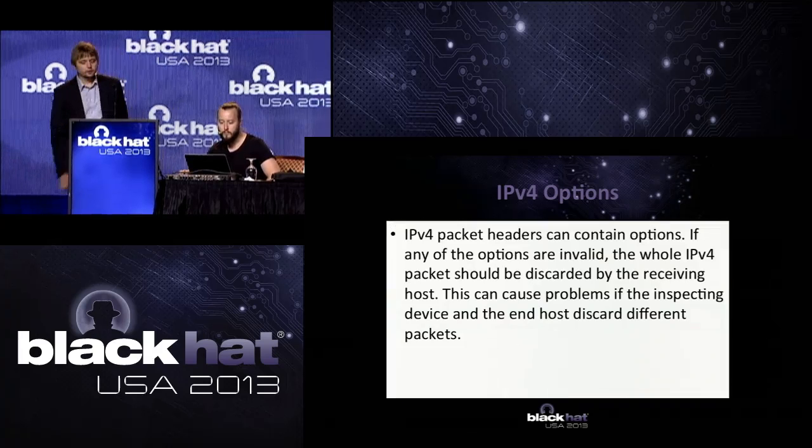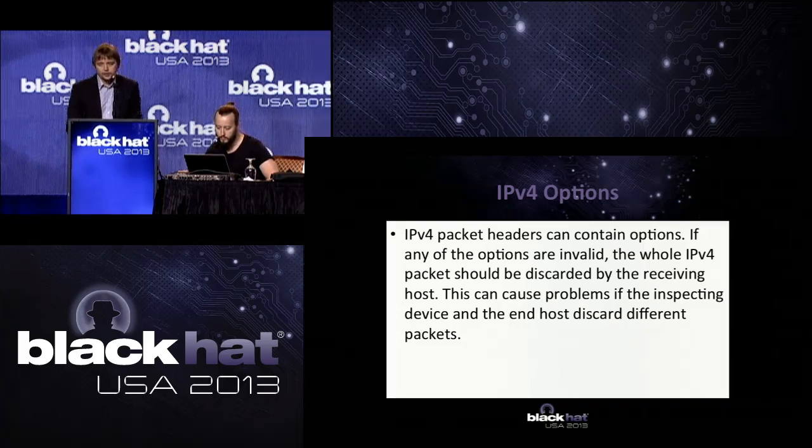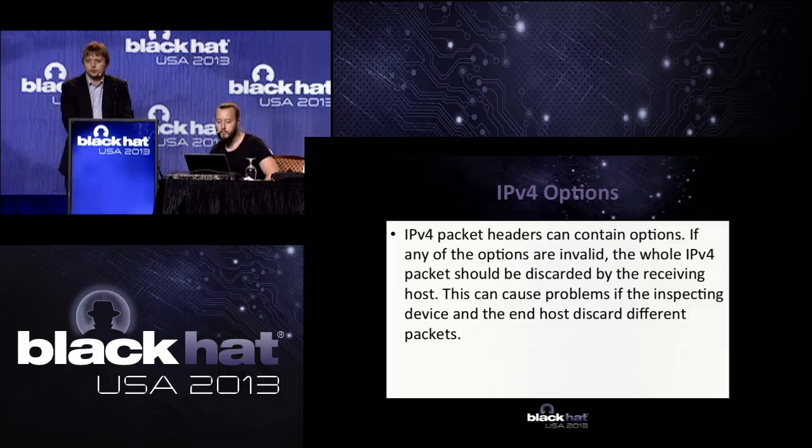Then another method of doing evasion is the IP version 4 options. We can put all kinds of options in the IP version 4 packet header. If the option is invalid, the remote host will drop this packet. But the IPS system doesn't know whether the option is valid or invalid for the remote host, so it will probably pass it.